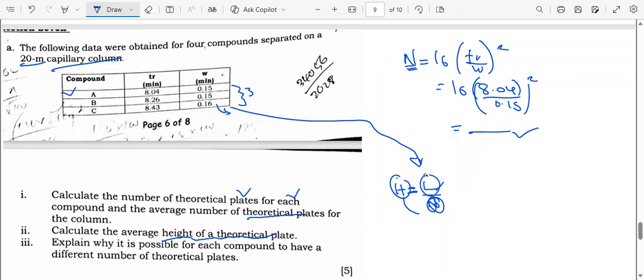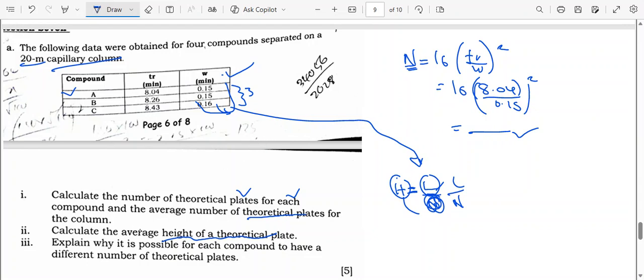The average of these two will be your length, then divide by the number of N. So you'll be able to find the average height, where L is the column length. All right, so that is it.